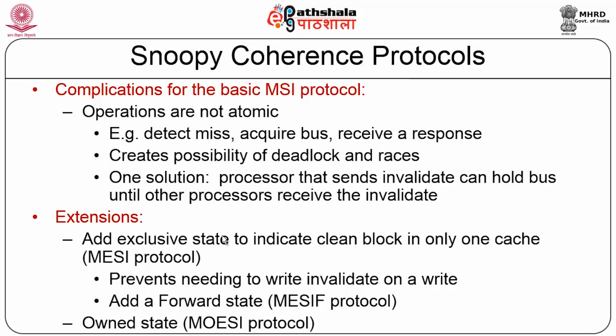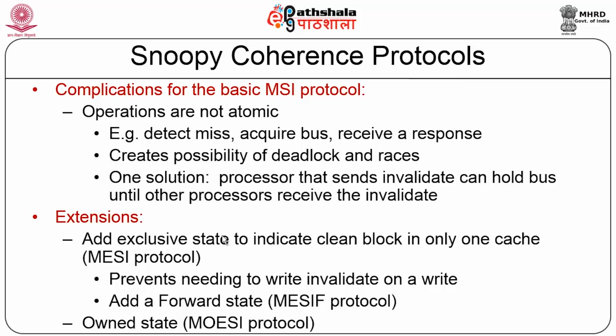The other extension is MESI with a forward state F, that is your MESIF protocol, which is used in Intel i7 processors. Now, apart from the four states, modified, exclusive, shared and invalid, you also add a fifth state which is called the forward state.